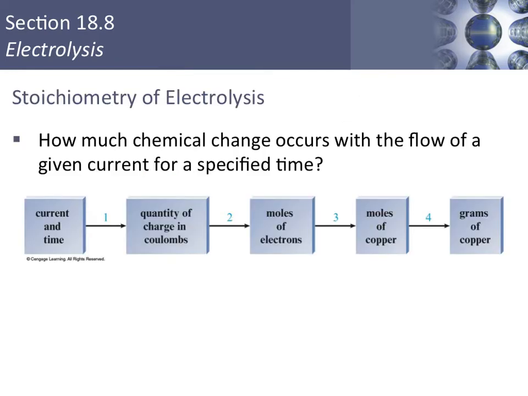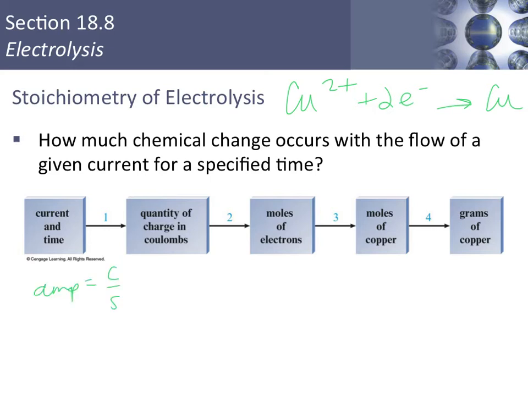Let's say we wanted to determine the mass of copper that would be plated when a certain current is applied over a given period of time. For this, we will look at the stoichiometry of electrolysis. First, we'll look at the current and the time. For current, we use the amp.